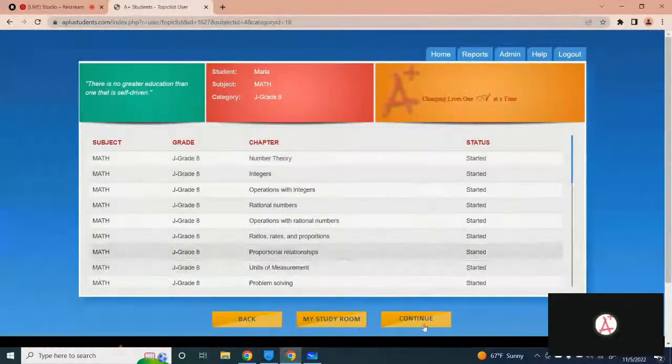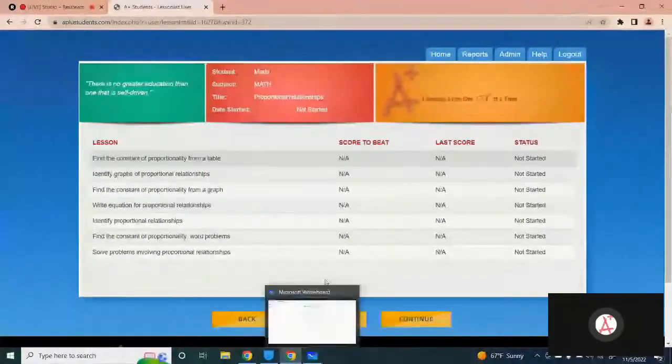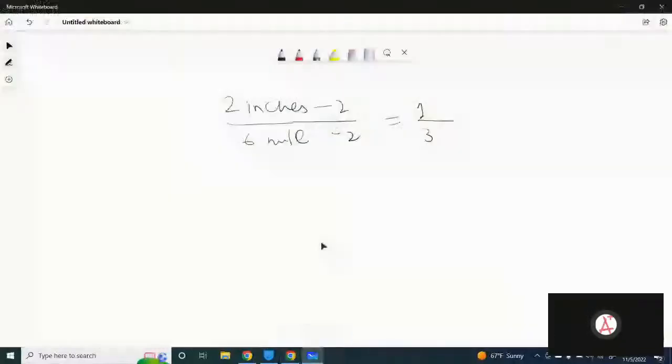Find the constant of proportionality from a table. That's the first lesson we're going to start with. Let me just write the lesson name on the board.